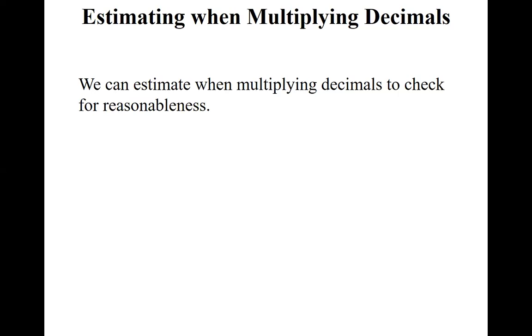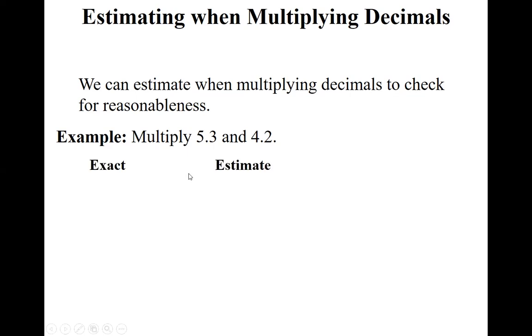So I mentioned when we were talking about addition and subtraction and estimation that estimation would be far more useful in multiplication. Once again, we can estimate to check for reasonableness. For example, if we had to multiply 5.3 and 4.2, 5.3 rounds to 5, 4.2 rounds to 4.